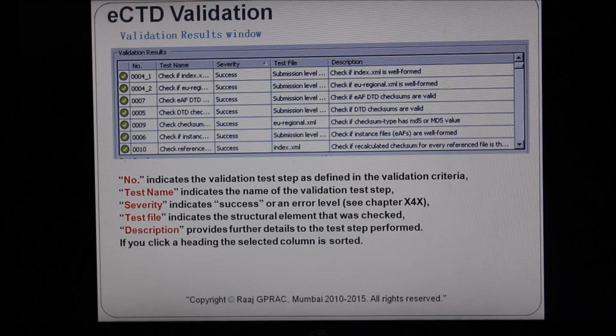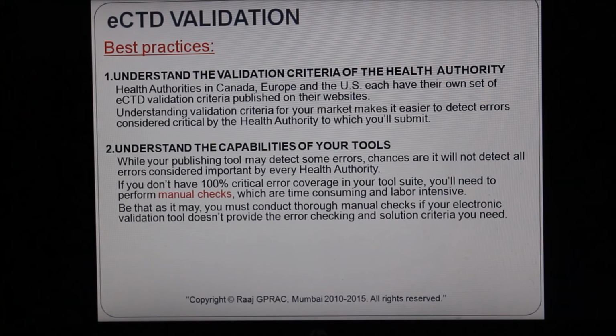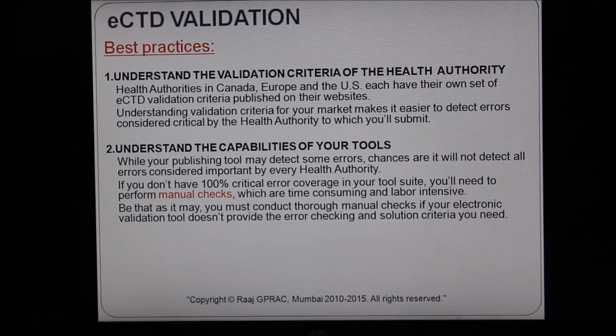Then test level indicates the structural element that was checked. Description provides further details to the test step performed. If you click a heading, the selected column is sorted. If an invalid submission is shown, then you have to resubmit, redo the work and organize the sequence once again.